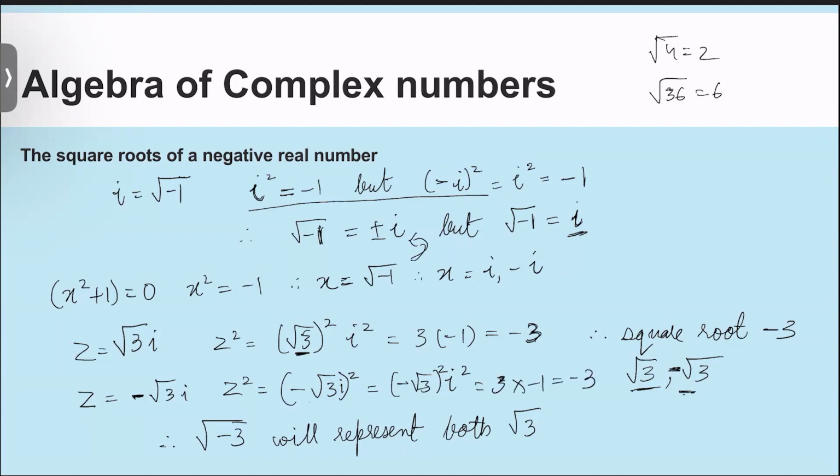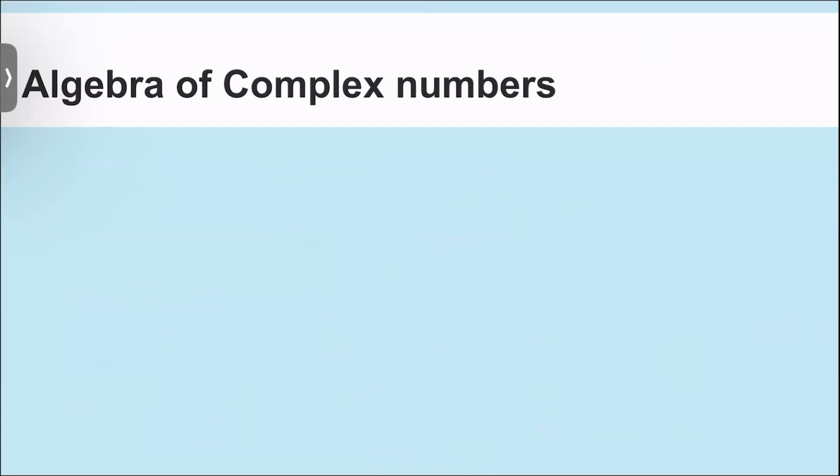But we consider only the positive root, root 3 i. We consider root 3 i as the square root of the negative 3. This is how you can find the square root of a negative real number.